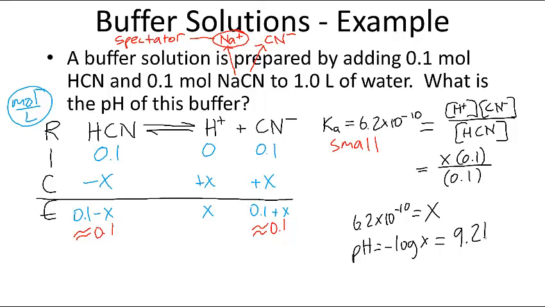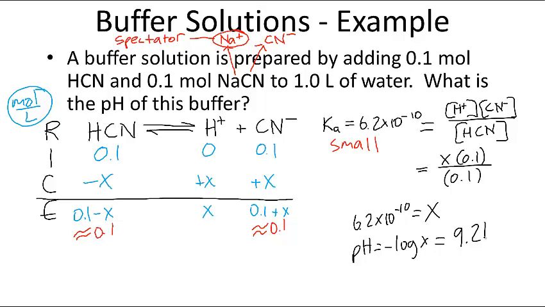So we can solve all these questions using rice charts just like we've done. If you get familiar with rice charts, you can just keep using them over and over. Now there is a shortcut you can use in these buffer situations, because you know the concentration of the acid and its conjugate base at equilibrium.